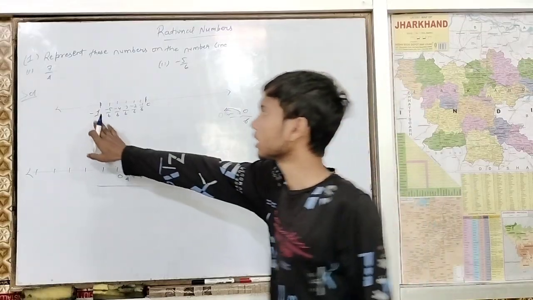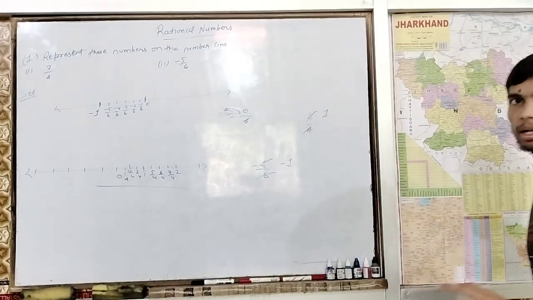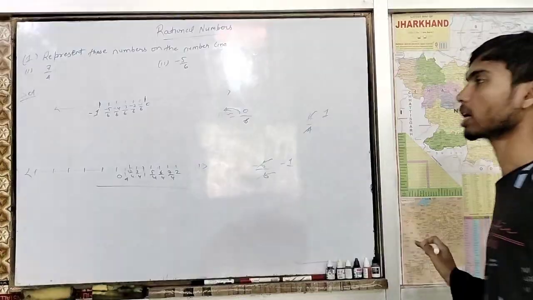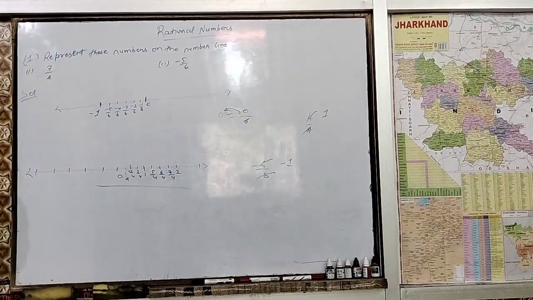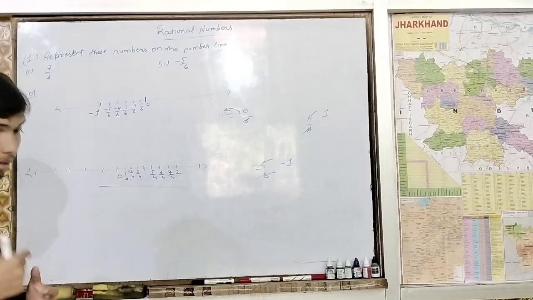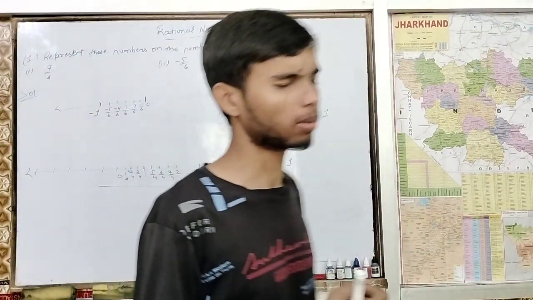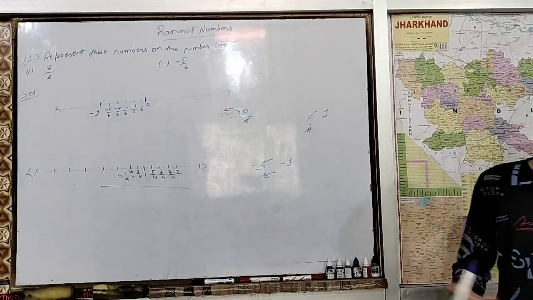We keep going until we get minus 5 upon 6. So minus 5 upon 6 is coming over here. It will continue: minus 6 upon 6, minus 7 upon 6, then minus 8 upon 6, like that.